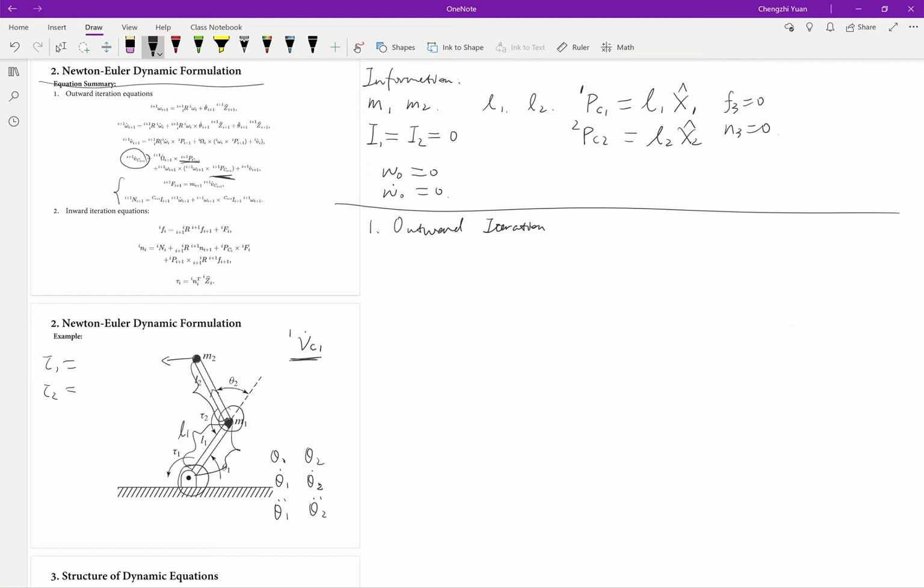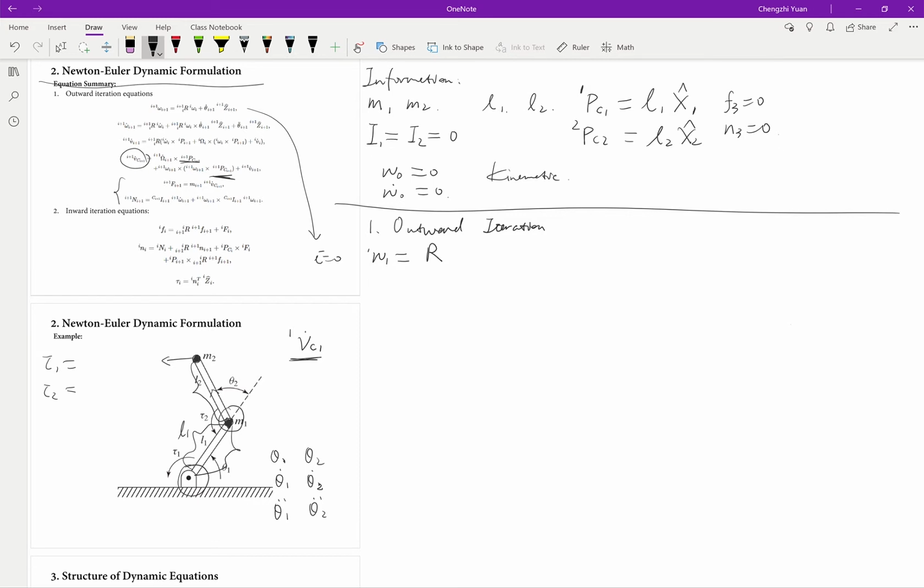The first information we need to know is omega. Let's assume i equals 0. So omega 1 is the angular velocity of the first joint, and equals the rotation matrix. Another given information for this problem is of course the kinematics.